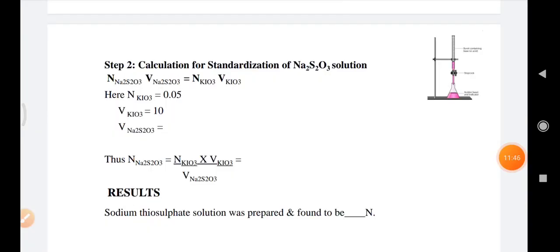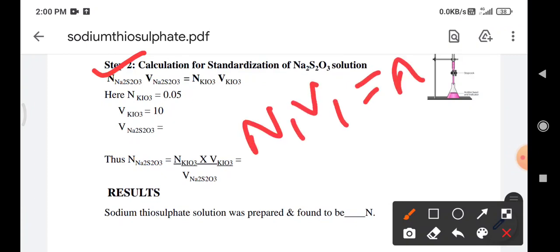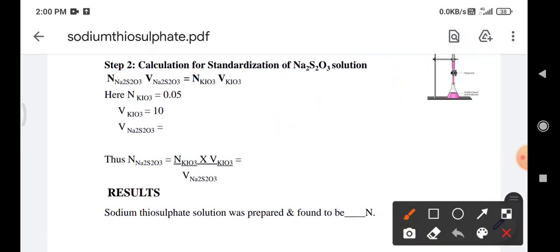Now coming to the second portion, that is the calculation for the standardization of Na2S2O3. For calculation we can use the formula N1V1 = N2V2. So for this, the N1 is normality of sodium thiosulphate. The volume of sodium thiosulphate is equal to the normality of KIO3 and the volume of the KIO3.